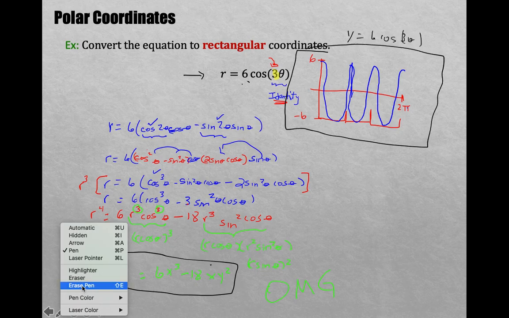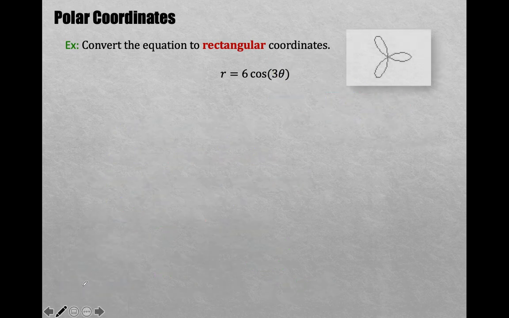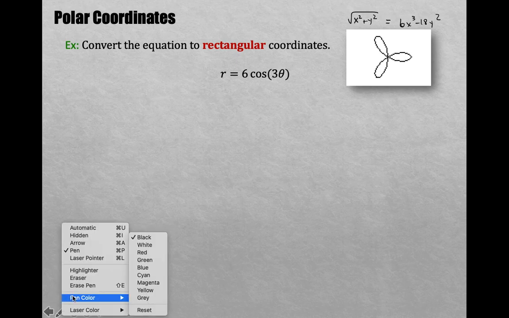In polars, think about what that green equation looks like. That's the graph. So the green equation will generate that pretty looking graph.